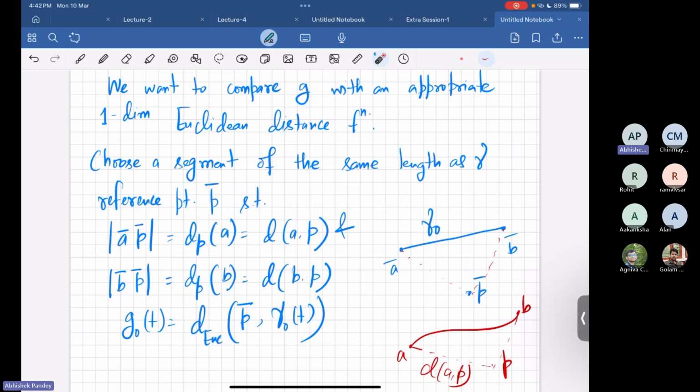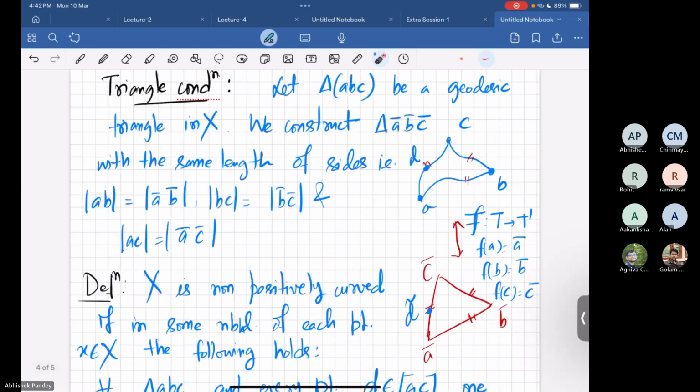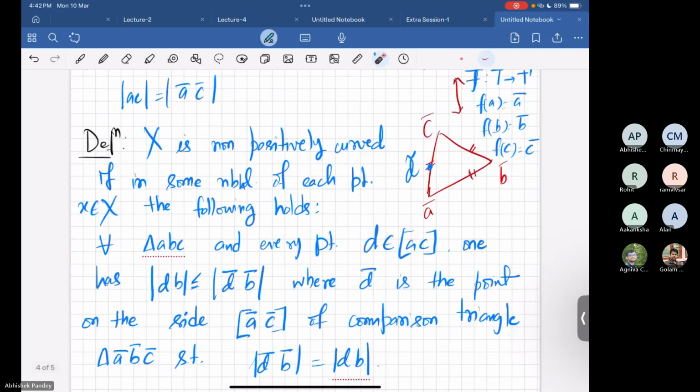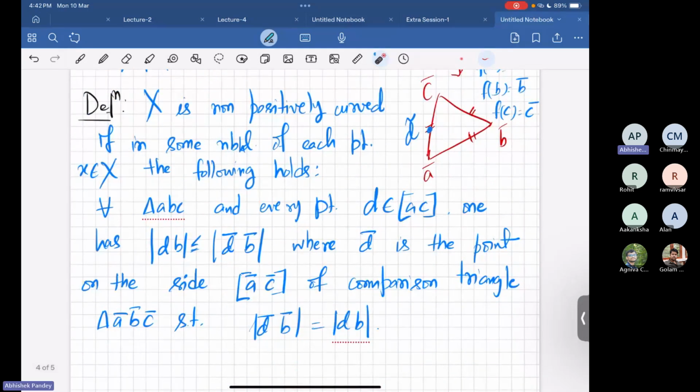Is it clear? Any doubt in this one? Okay, I hope it is clear.